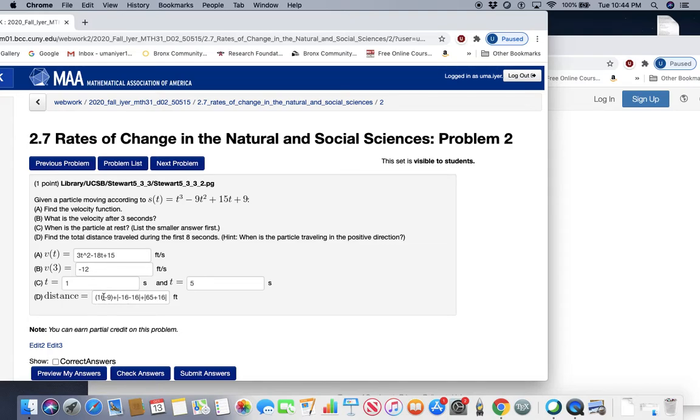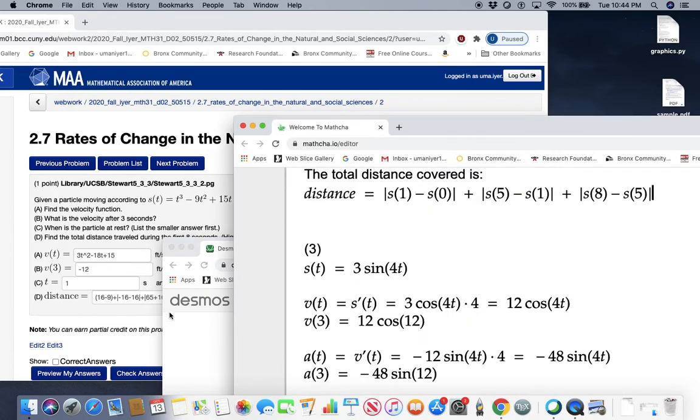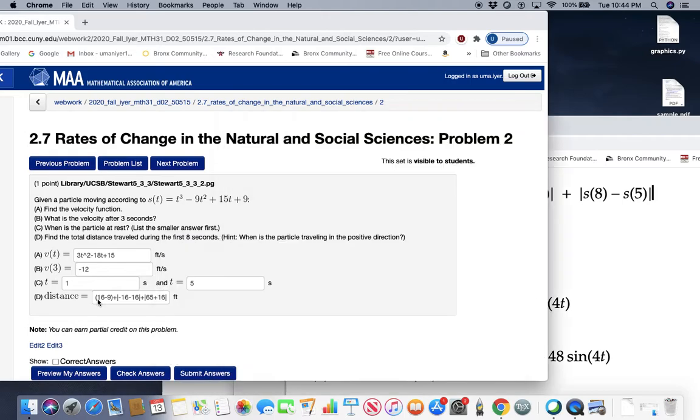So all of this: the first pair, you see, I have absolute value of s of 1 minus s of 0. Because s of 1 is bigger than s of 0, I didn't write absolute value, but to be safe, you might want to write it there.